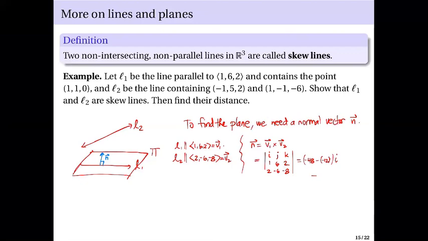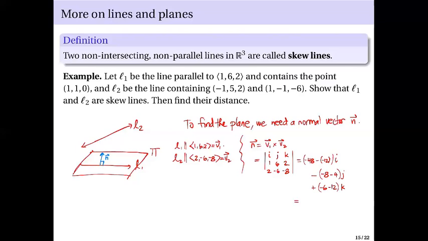Minus, for the j, you have 1 times negative 8, that's negative 8, minus 2 times 2, that's 4, so minus 4 j. And then for the k, we have 1 times negative 6, that's negative 6, minus 2 times 6, that's 12, k.